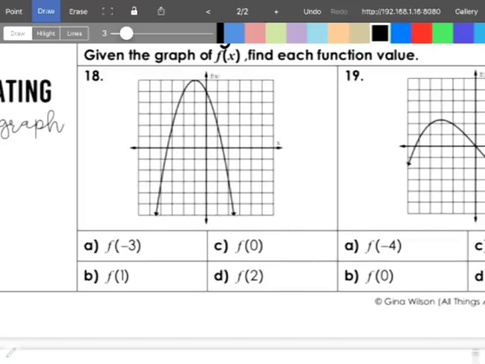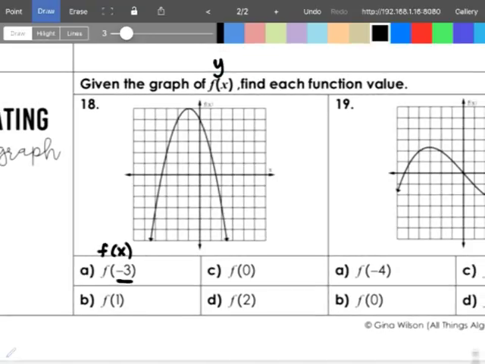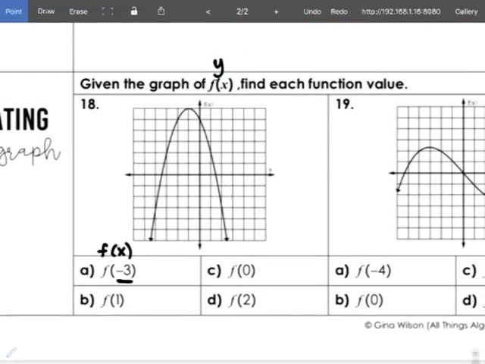So it says find f of negative 3. Remember when they give us f of negative 3, this is like f of x. What are they telling us x equals in this case? They're telling us x equals negative 3. So they're saying find the y when x equals negative 3.